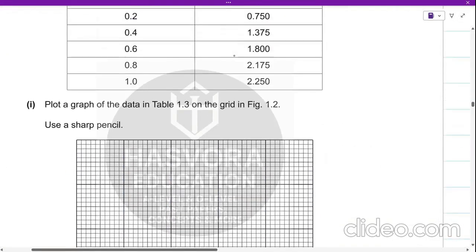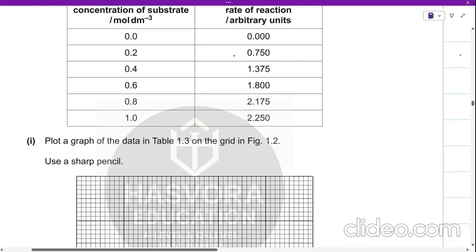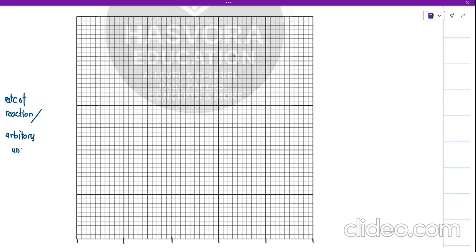So I have labeled this, while on the y-axis it is the rate of reaction, in arbitrary units. So I am also going to be labeling this first: rate of reaction, arbitrary units.